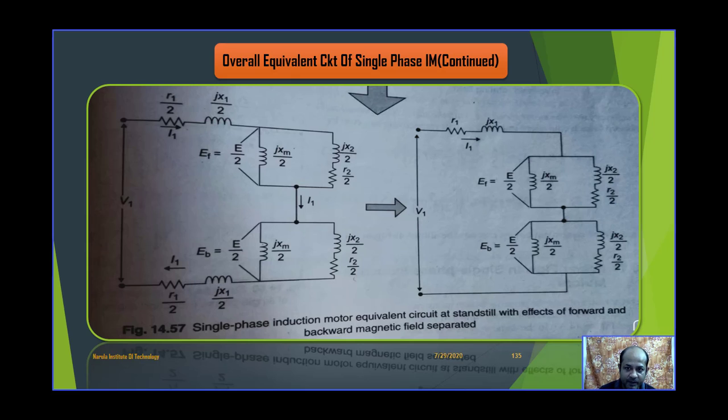Again, those two circuits can be connected in series and simplified, and then it turns into this figure, which is the equivalent circuit of the single phase induction motor in standstill condition.